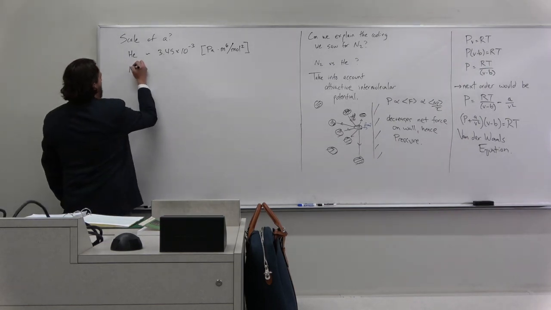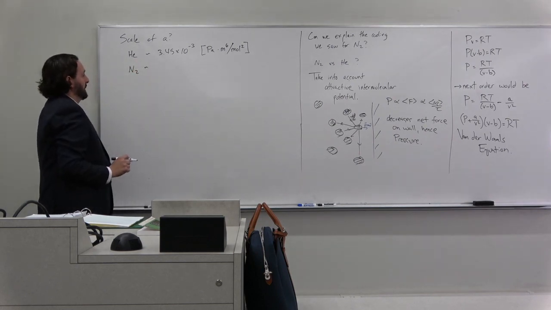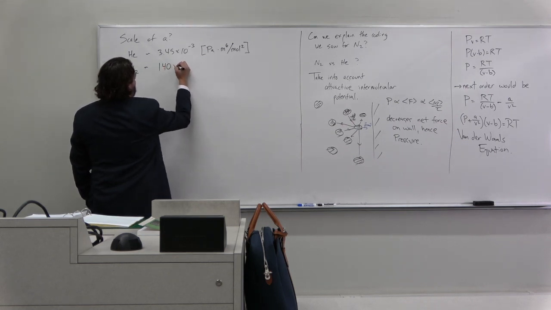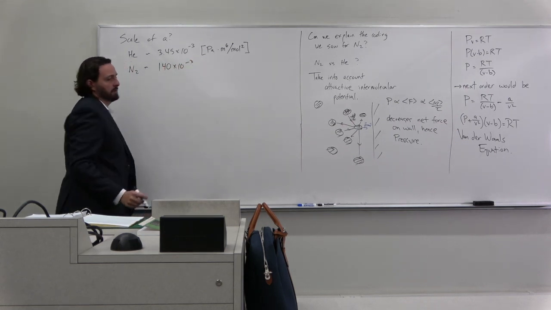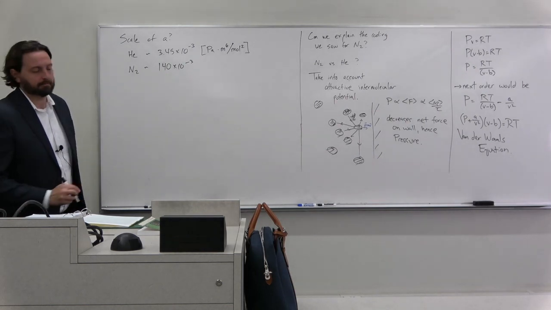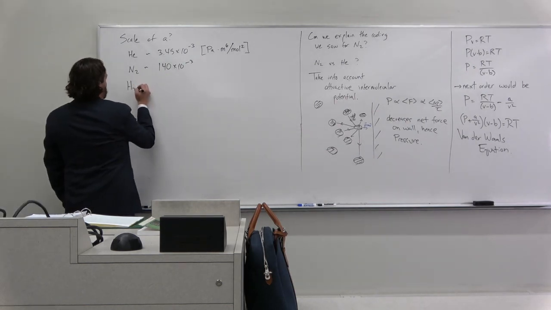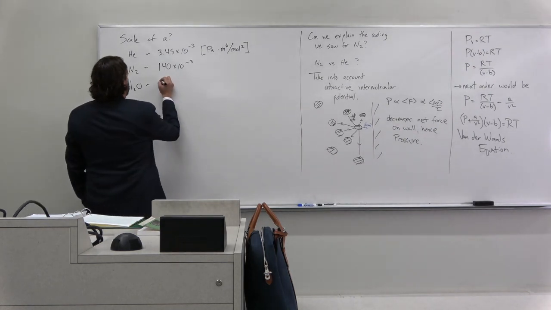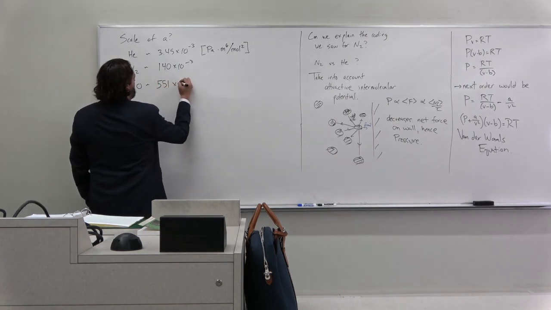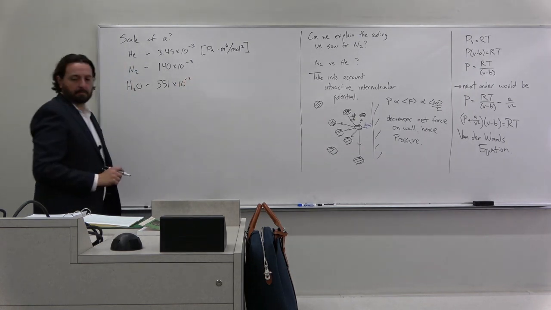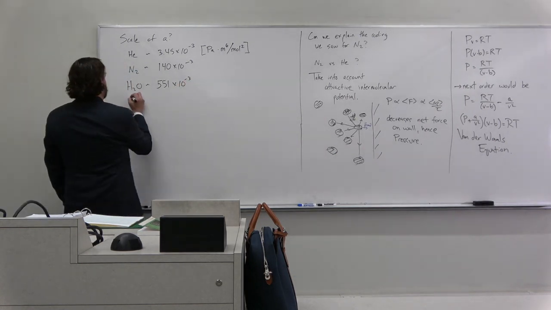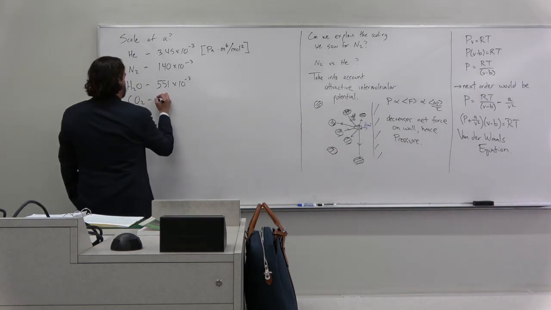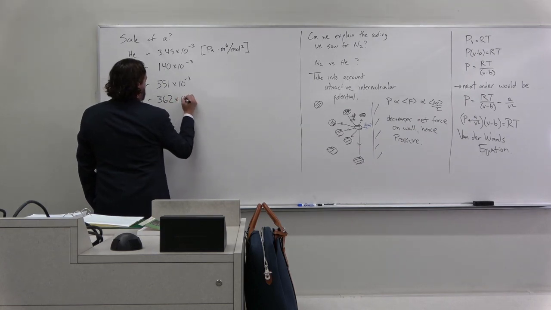All right, so our other gas we did last time was nitrogen. So nitrogen was 140 times 10 to the minus 3. Water is 551 times 10 to the minus 3. And CO2 is 362 times 10 to the minus 3.